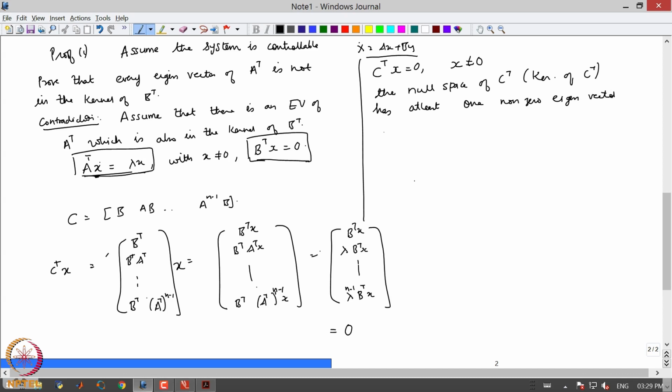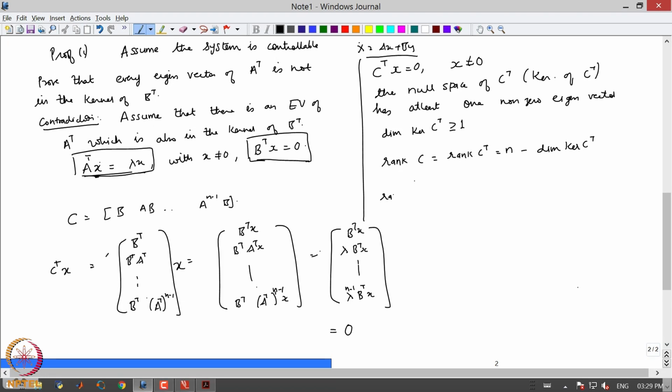and then which means that the dimension of the kernel of C transpose is greater than or equal to 1. So, it is at least 1, which means that the rank of C, which is also equal to the rank of C transpose, is n minus the dimension of the kernel of C transpose. Okay, where did we get this from?